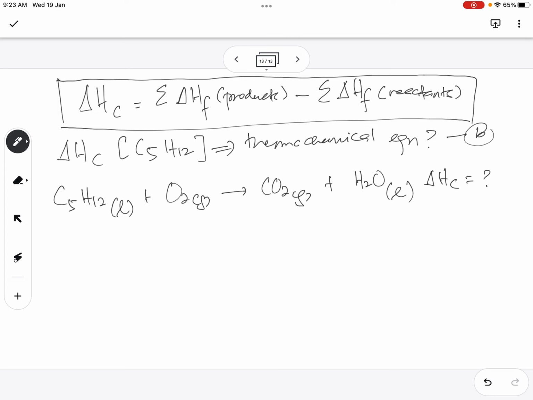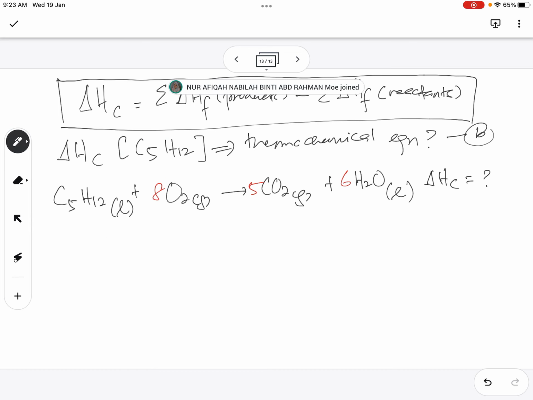So this is the thermochemical equation. We balance first. Kita cuba balancekan. So 5 carbon, here will be 5. Hydrogen is 12, so here will be 6. And then 10, 16, so here 8. Okay. So now balance ready. Kita dah balancekan equation.